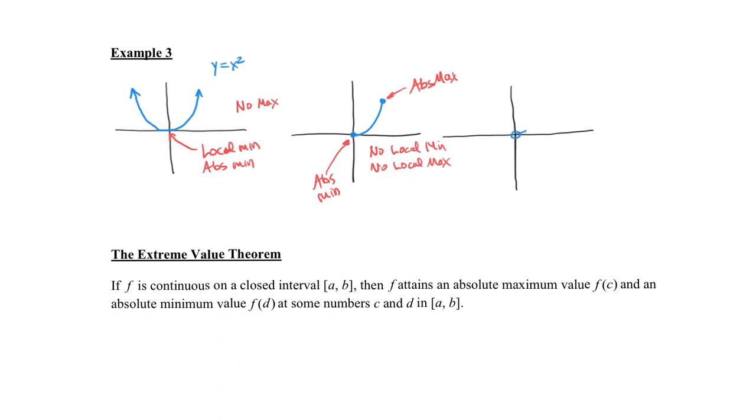Okay, one more little tweaking of this picture. Let's see, we've got an open here and an open here. Well, there's endpoints here, so there's no local max, no local min. What about absolute? What's the absolute minimum of this? It's not defined at 0. What's the number closest to 0? You don't know that number? There is no number, right?